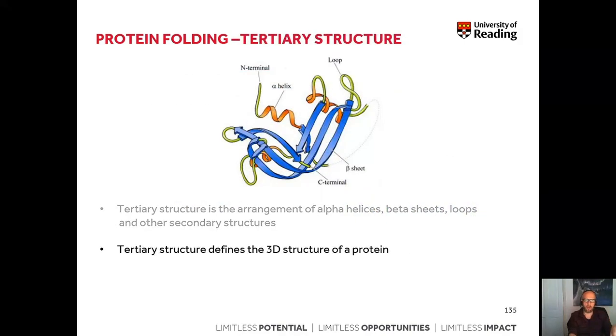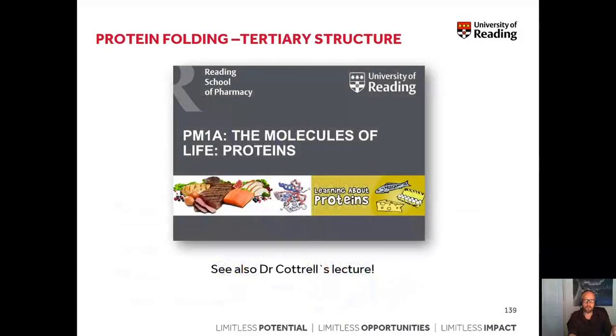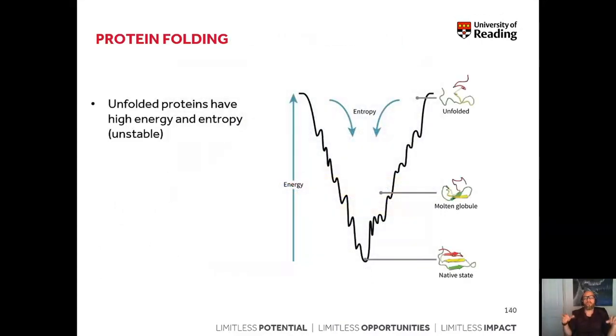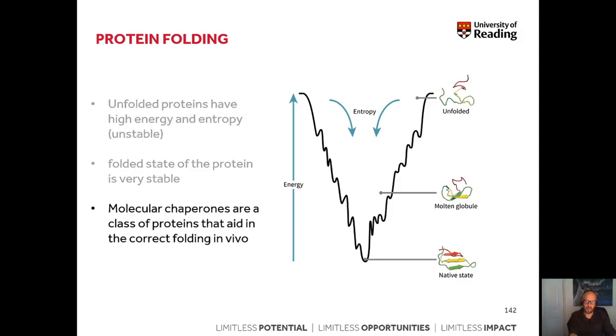I'm going to be going through this fairly quickly, because folded proteins have a lower level of energy. In contrast, unfolded proteins have very high energy and a high level of entropy. They are therefore unstable. So in order to make those proteins stable, proper folding is needed.